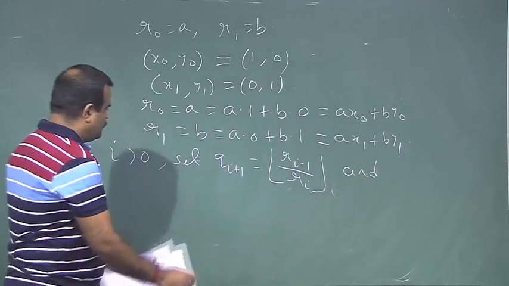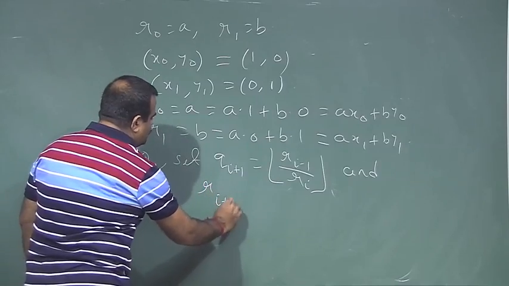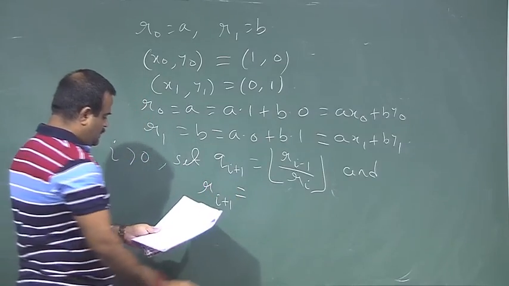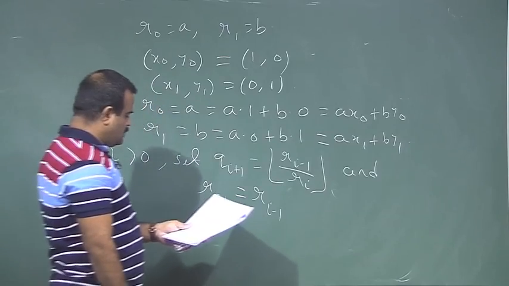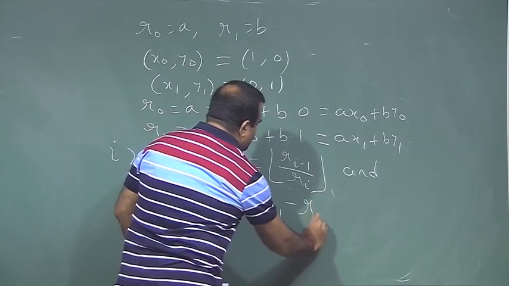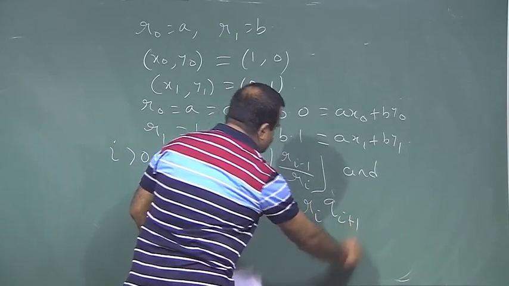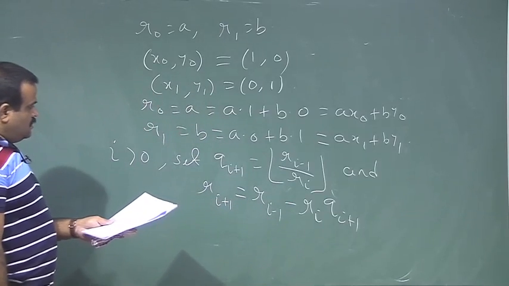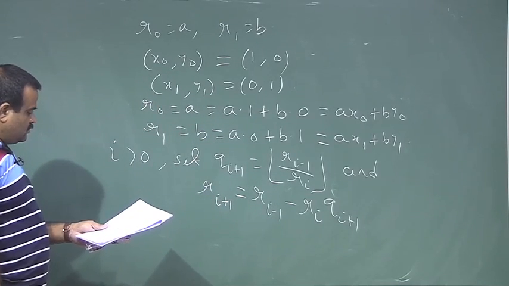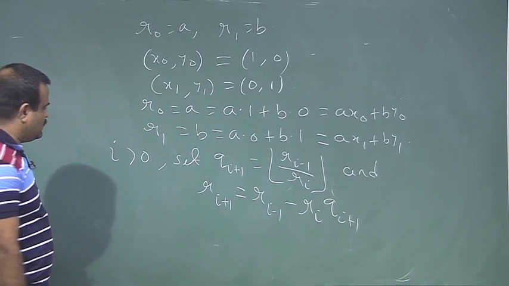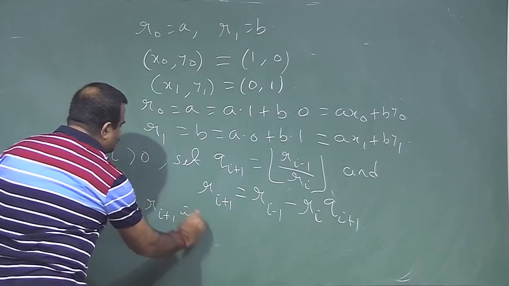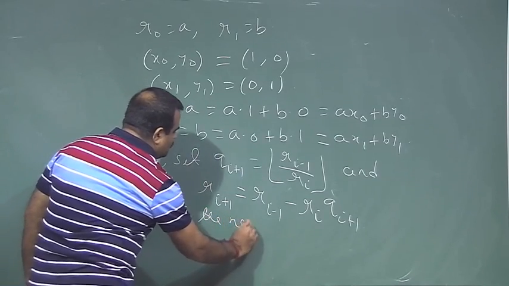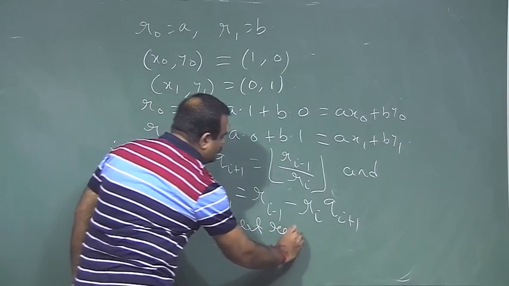And r i plus 1 is basically r i minus 1 minus r i into q i plus 1. So, r i plus 1 is the next remainder.